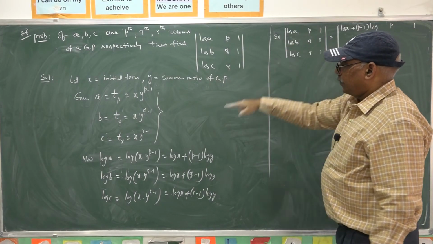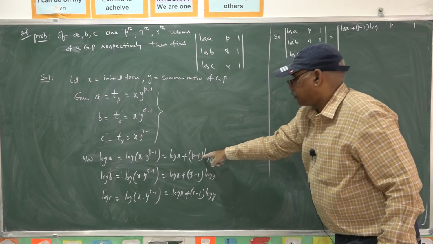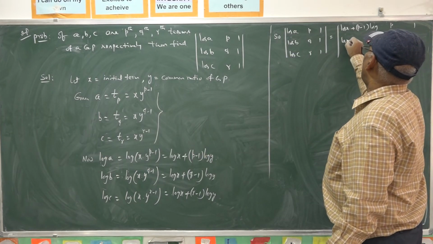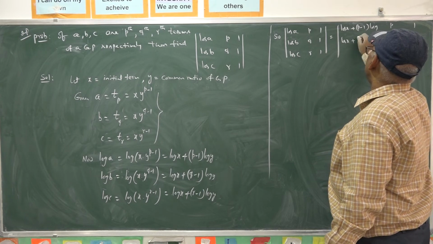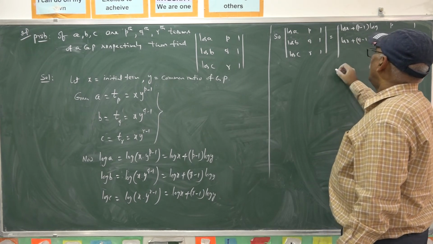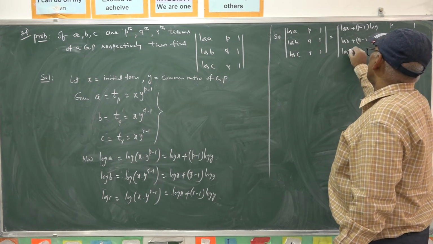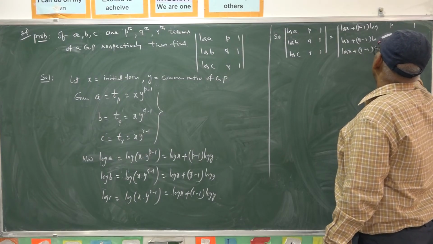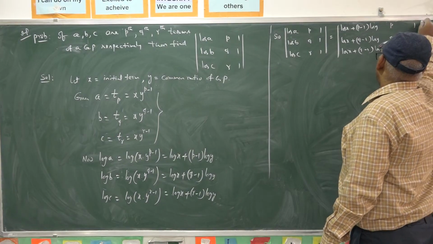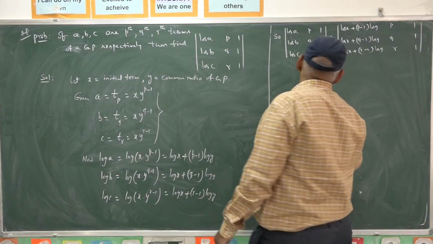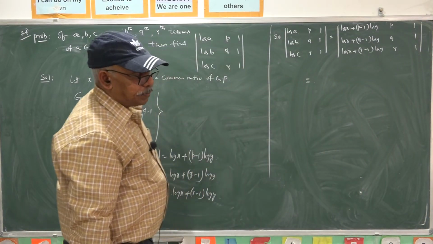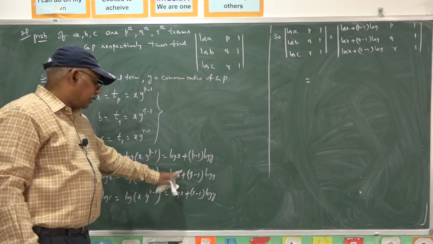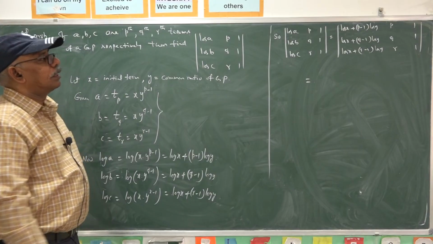I am replacing log A with log X plus p minus 1 into log Y. Similarly, log B is log X plus q minus 1 into log Y, and log C is log X plus r minus 1 into log Y. This is q 1, this is r 1.